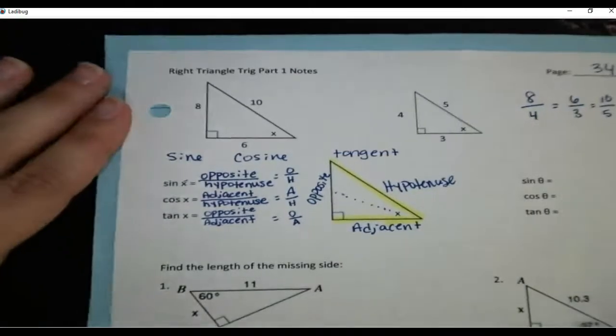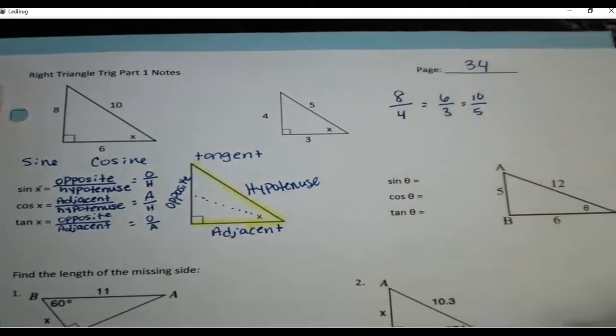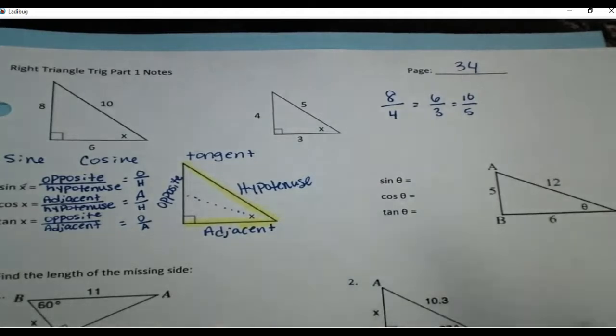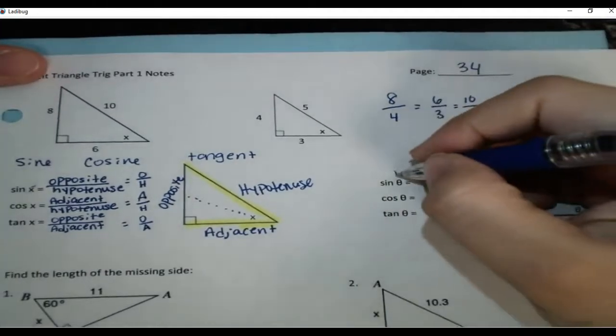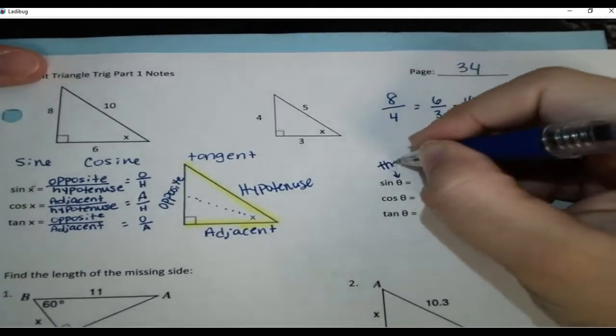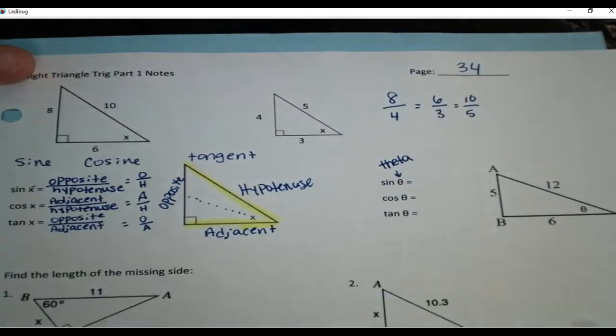Let's do one. So let's look over here to the right. In your angle, you can have an x. You could have the measure of the angle. You can also have this little circle with a line on it. This little thing right here is called a theta, T-H-E-T-A. It is just an unknown, the same exact thing as an x.